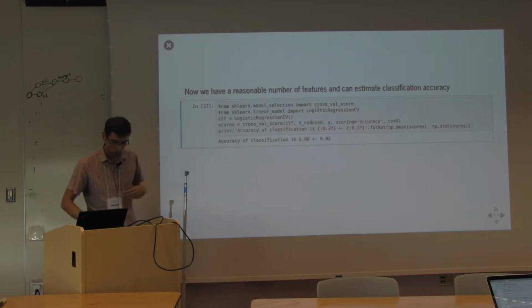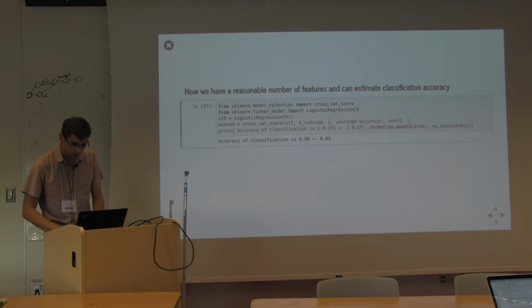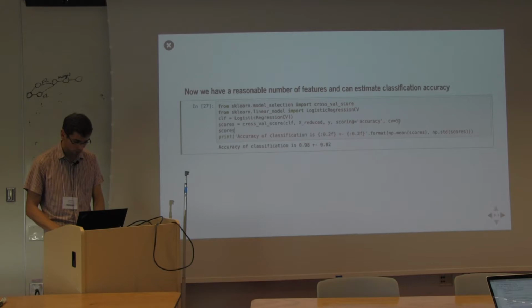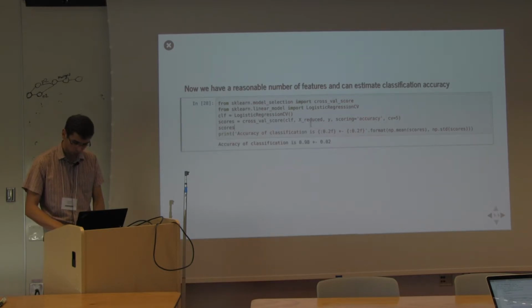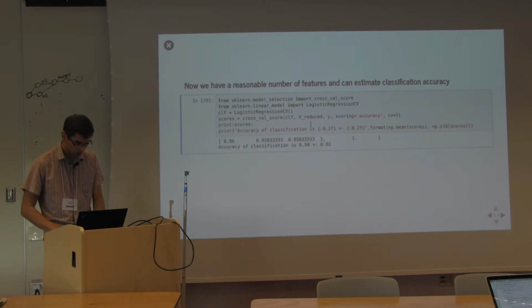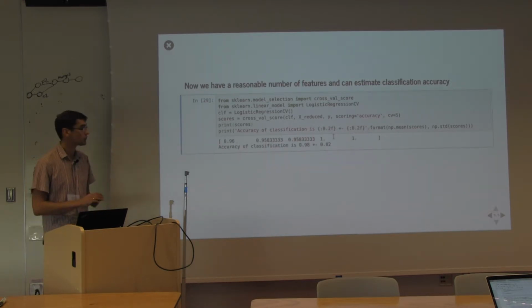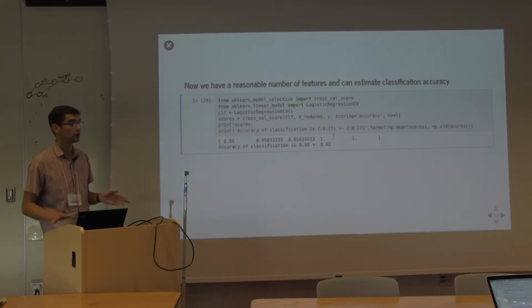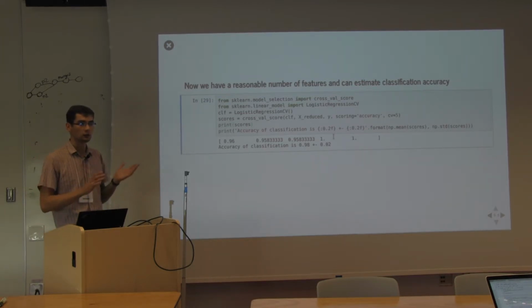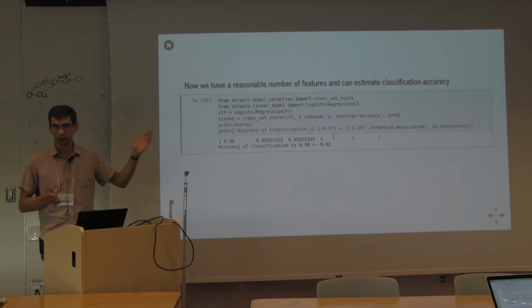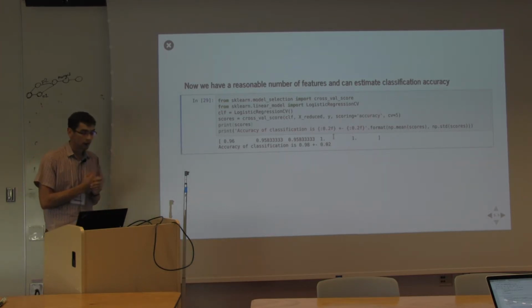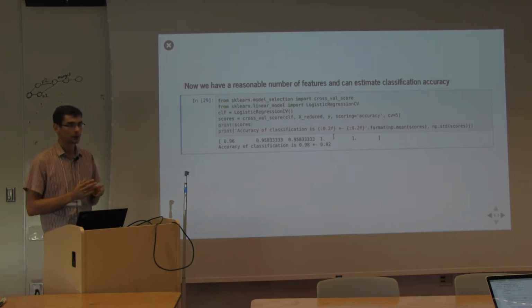Here we can check the individual scores. It's the accuracy of classification, and 1 means perfect classification. So it seems that we have a very good result for this data set, but probably it's too good.